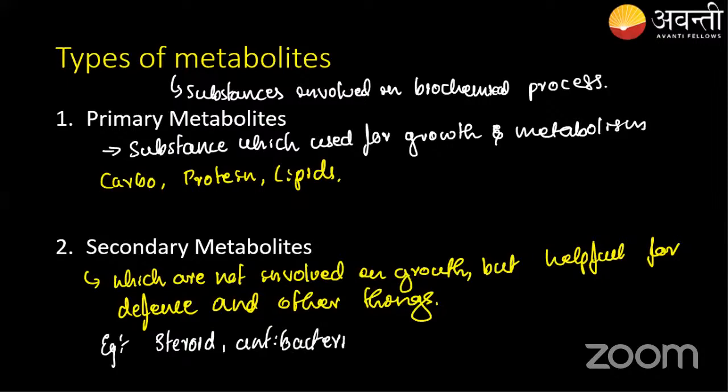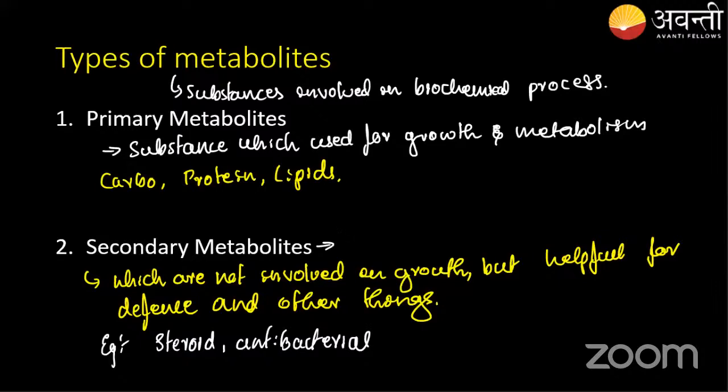You have to remember this one thing: primary and secondary metabolites are especially produced in plants. Primary and secondary metabolites are both produced in autotrophic organisms only, and heterotrophic organisms will utilize them.